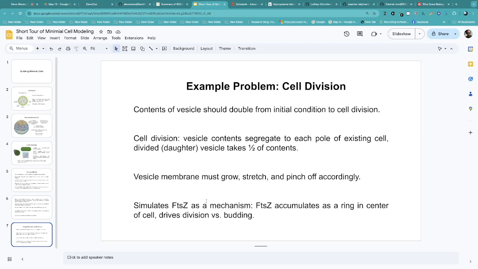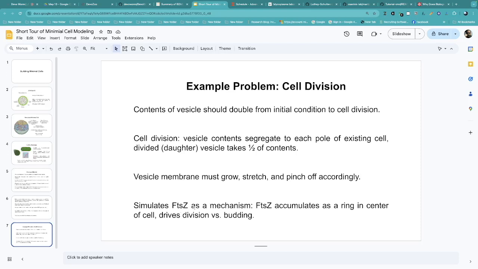We can simulate different mechanisms like FtsZ, which accumulates as a ring in the center of a cell or a vesicle and allows this sort of cell division, where the FtsZ ring contracts and pinches off the membrane. You can simulate that process.